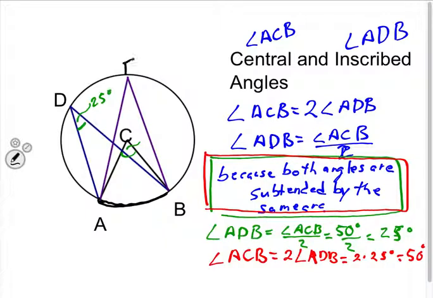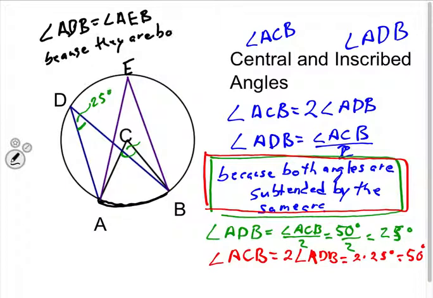If this was angle E, we could say angle ADB equals angle AEB because they are both subtended by the same arc.